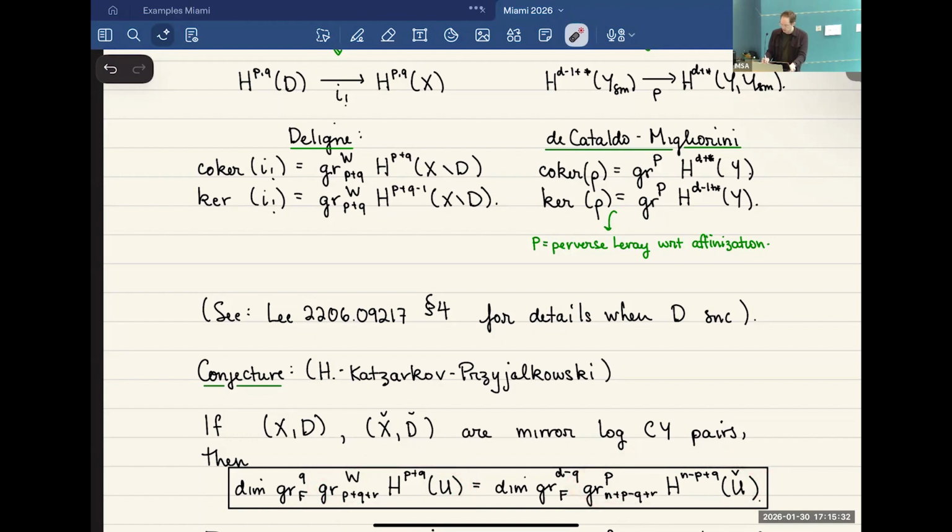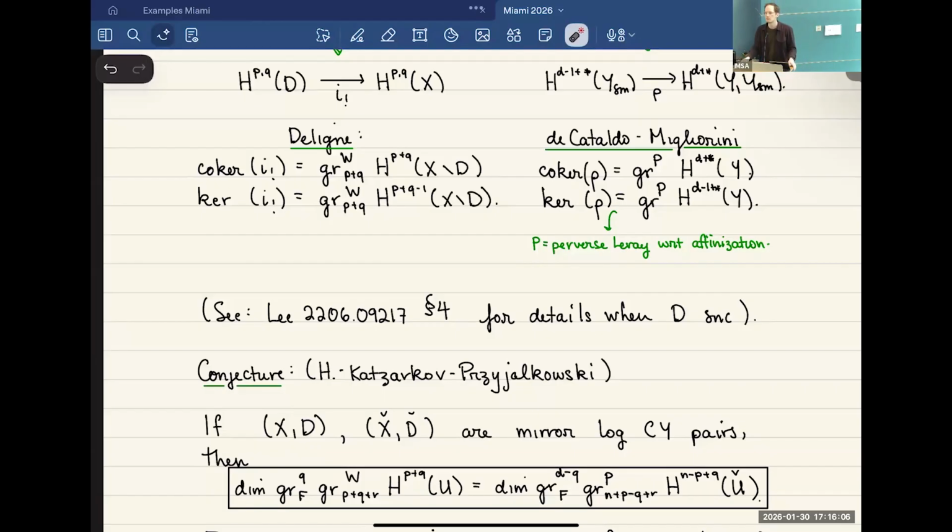And I should be careful to say what this perverse Leray filtration is. You have an affinization map for U check, so I want to take the perverse Leray filtration with respect to this affinization map. Then I take the Hodge graded pieces of these two things, and they should agree in general. So the statement is that what is mirror to the weight filtration is the perverse Leray filtration of the affinization map.